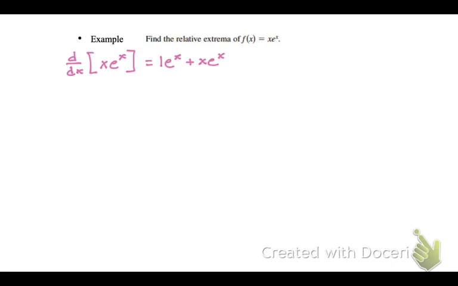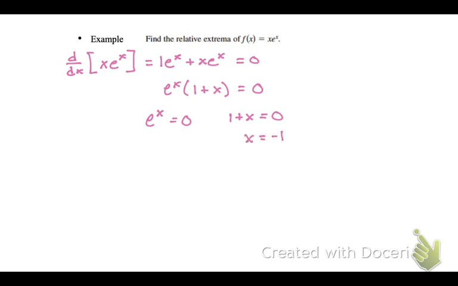So we need to set this equal to 0. I'm assuming you want to factor out an e to the x. Yes. So I have e to the x times 1 plus x equals 0. So I have e to the x equals 0 and 1 plus x equals 0. Am I going too fast? No. Okay. So x equals -1.